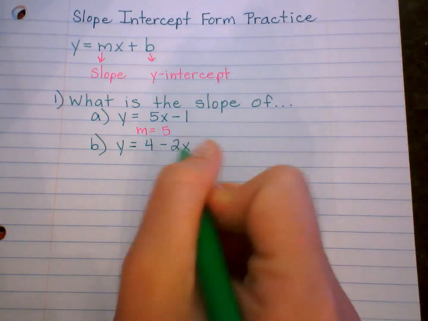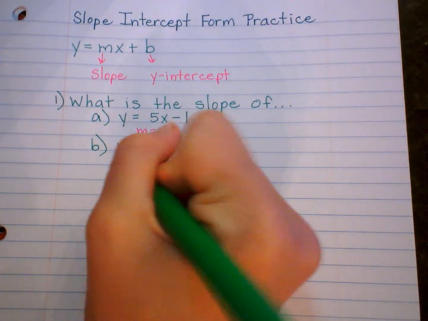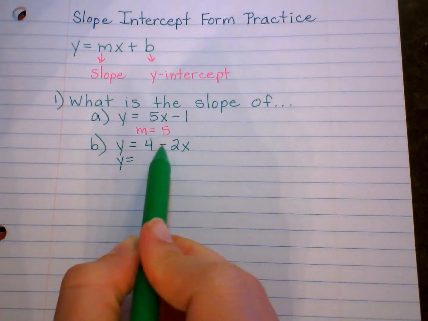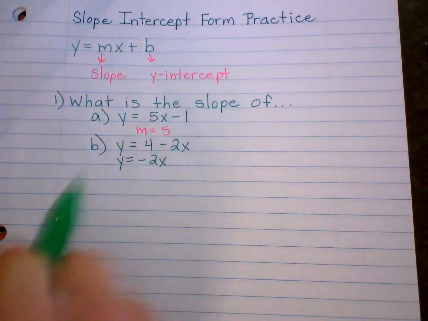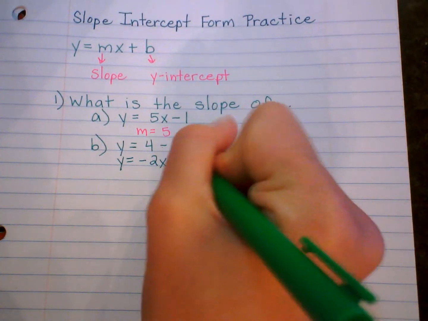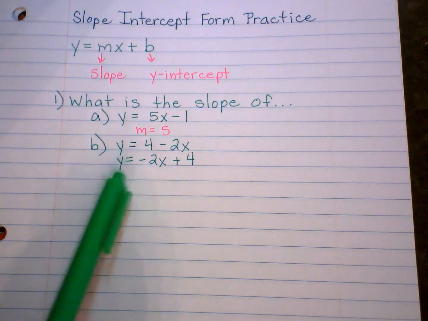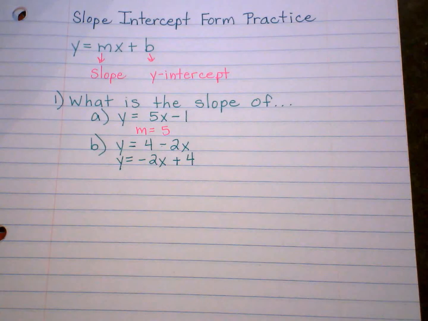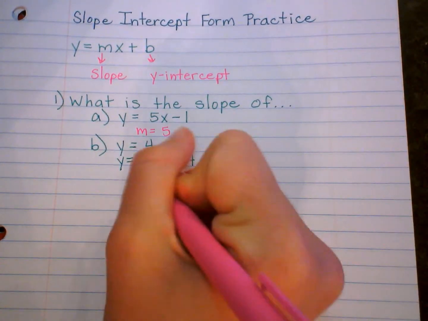No. These two are rearranged, so we need to flip them. Y equals, so we want mx first. So negative 2x needs to be first, and then that positive 4 will follow. So now it's in slope-intercept form. Y equals mx plus b. So what is our m? It's negative 2.